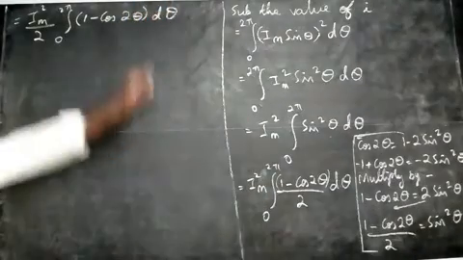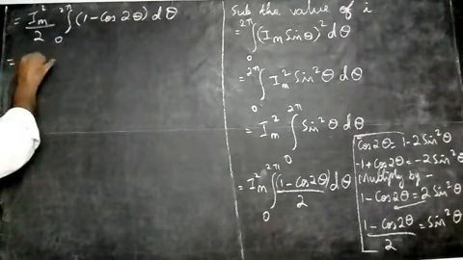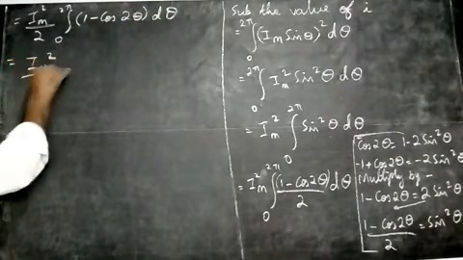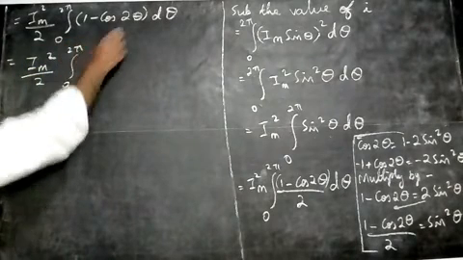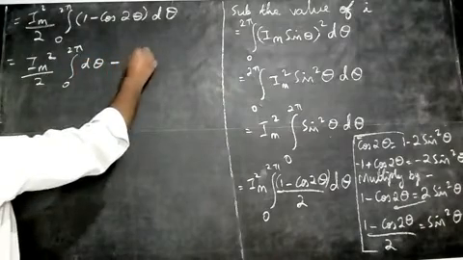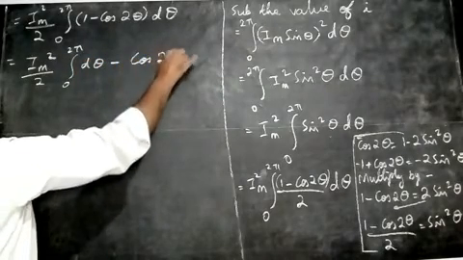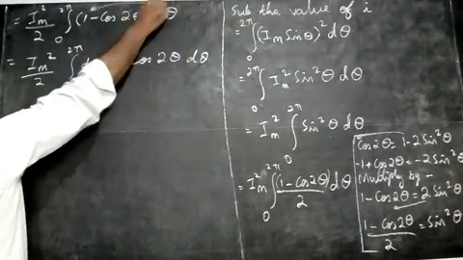Now you can multiply d theta inside. You go step by step, then it's very simple. So Im square by 2, the integral from 0 to 2 pi, multiply d theta inside, so we get d theta minus cos 2 theta d theta.